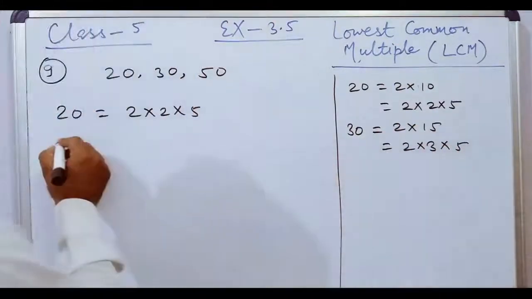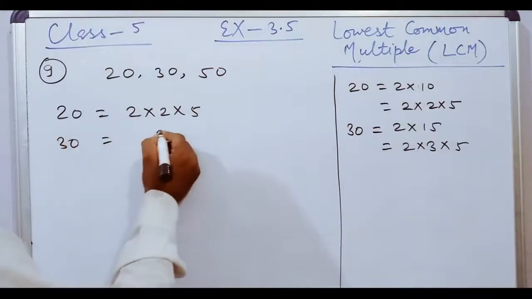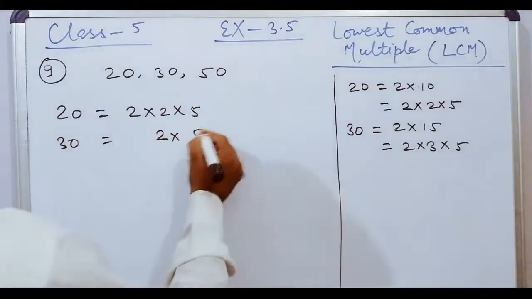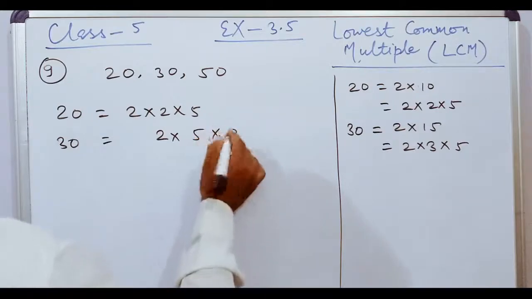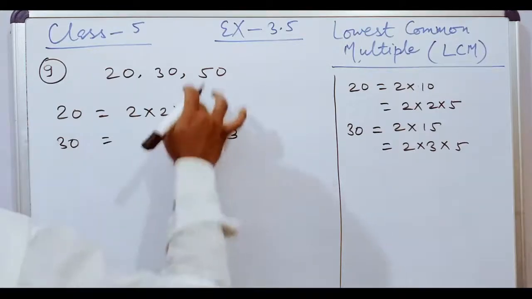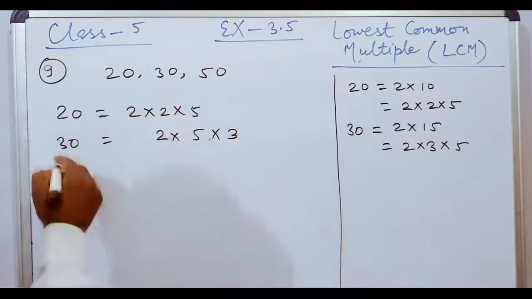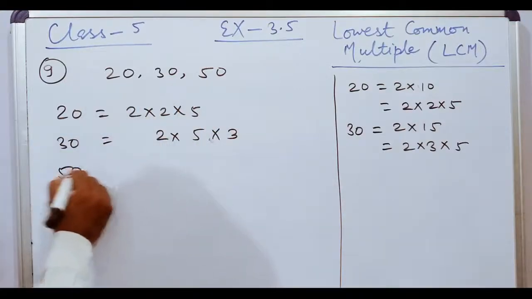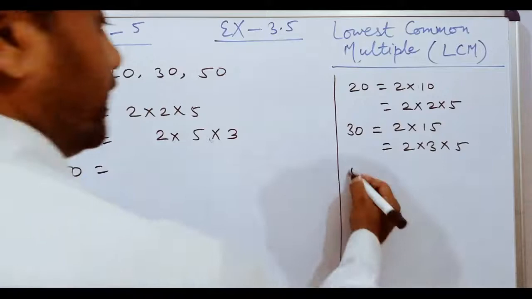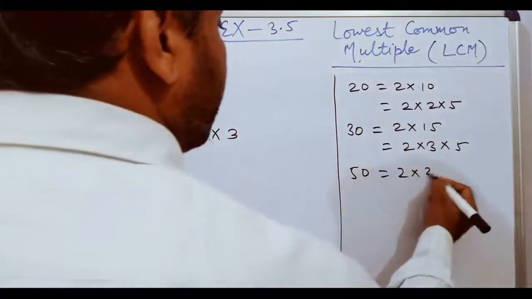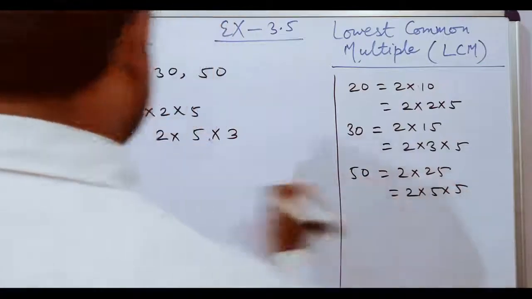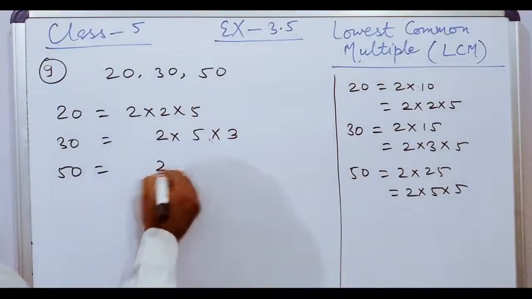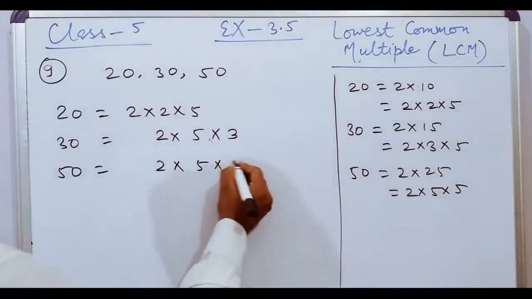So 30 equals 2 into 5 into 3, we can write it like this. Why are we writing 3 this side? Because 5 will be written together. Then factorize 50: 2 into 25, and 25 can be written 5 into 5. Then 2 into 5 into 5.